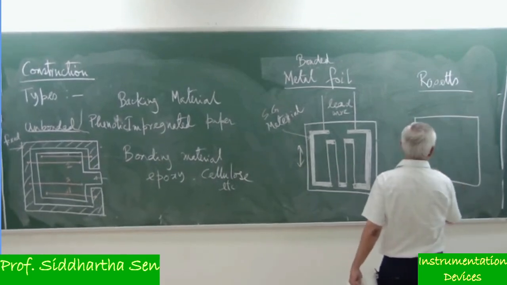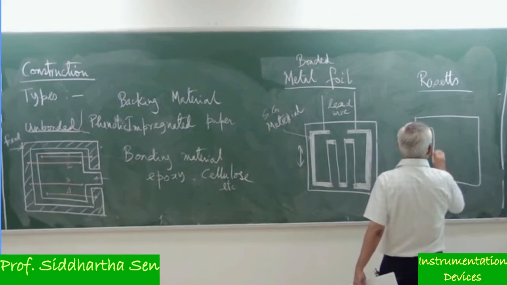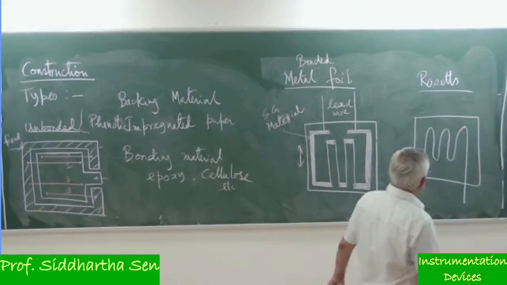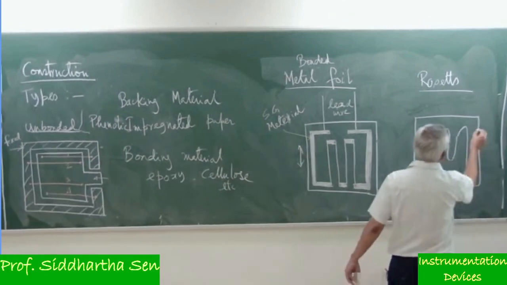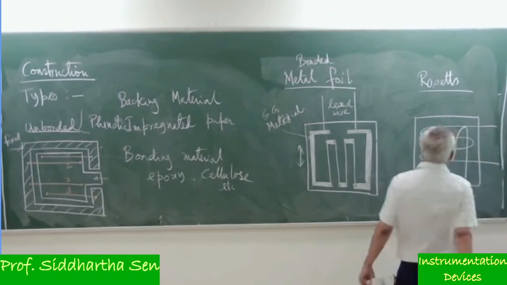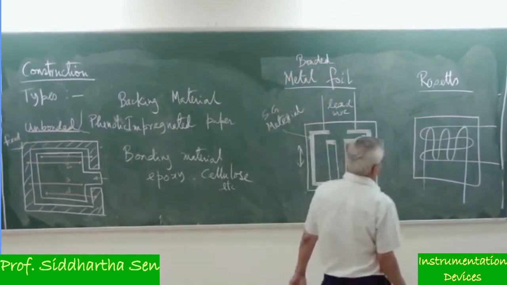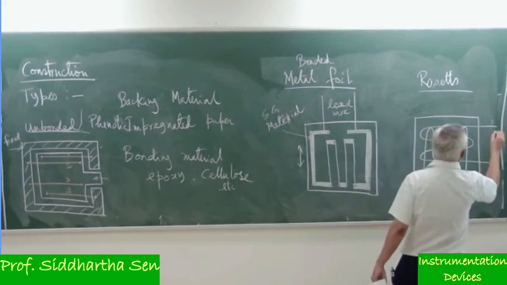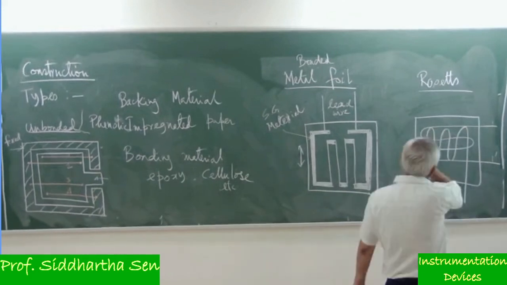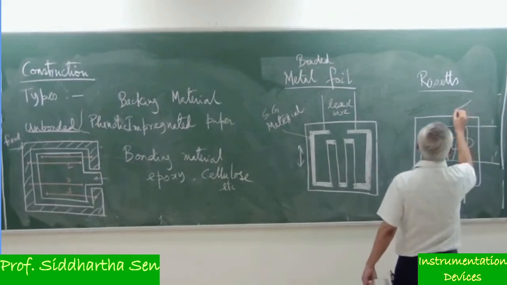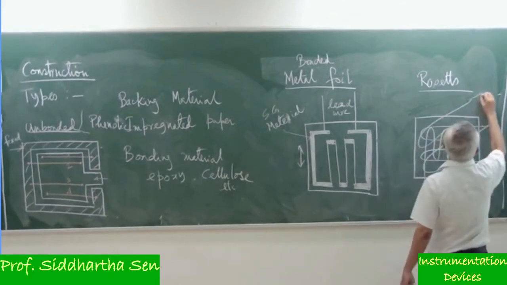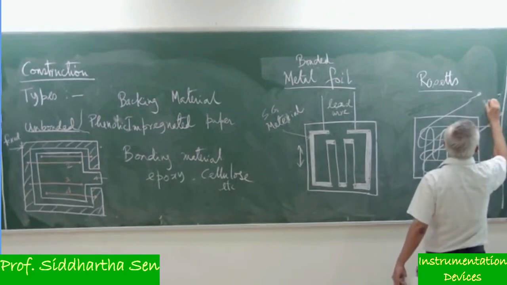We can schematically show that, okay, this is your strain gauge for the measurement of strain in the y direction, but another one over it we can have for strain measurement in the x direction. And so this is 1, 1 dash, 2, 2 dash, and we can have another one also at 45 degree and say 3, 3 dash.